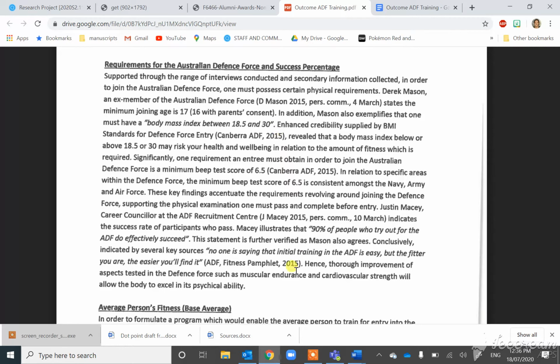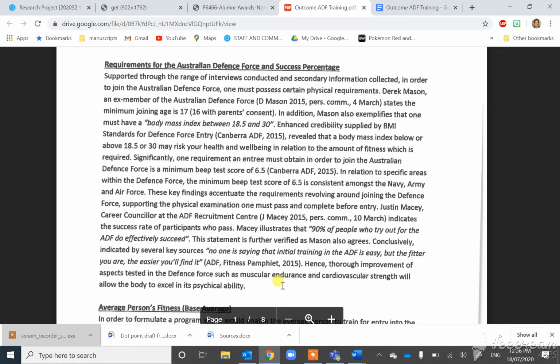You'll also notice that at the end of the paragraph, they've linked it together to say, all right, all together, my paragraph proves you need to have muscular endurance and cardiovascular strength to be able to actually get into the Defence Force.